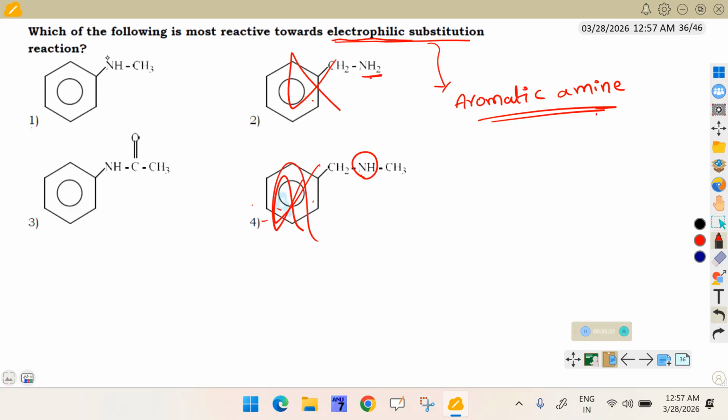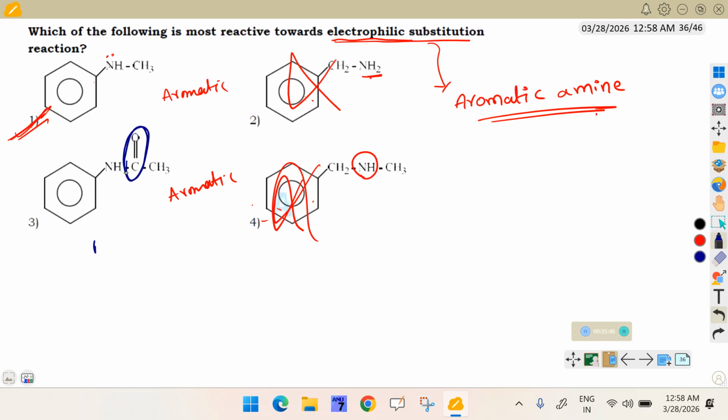Yes, this is a nitrogen atom directly attached to a ring. This is aromatic. This is also aromatic. Which is most reactive? First one is most reactive. Second one is least reactive. Second one is acetanilide, with a carbonyl group. Nitrogen is adjacent to a strong electron withdrawing group.